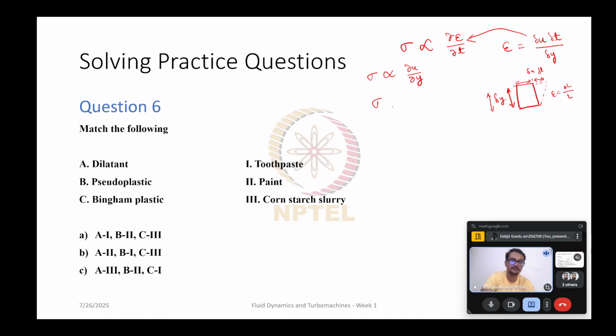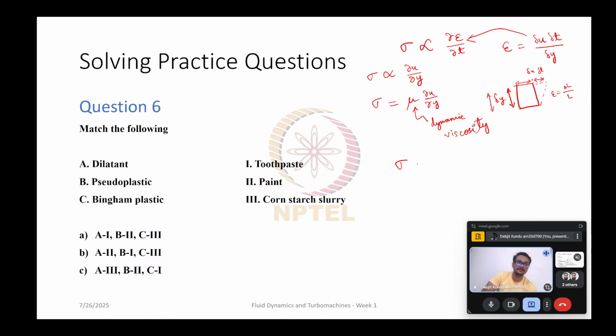And you can replace this proportionality with an equation with the constant of proportionality. This thing is called viscosity or dynamic viscosity. This would depend from fluid to fluid. So things are all simple if this is a Newtonian fluid. Now all fluids are not Newtonian.